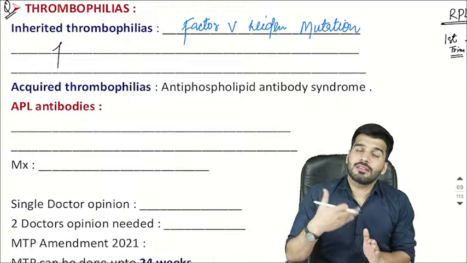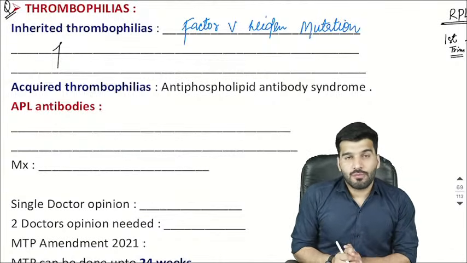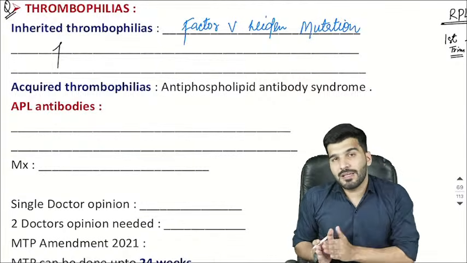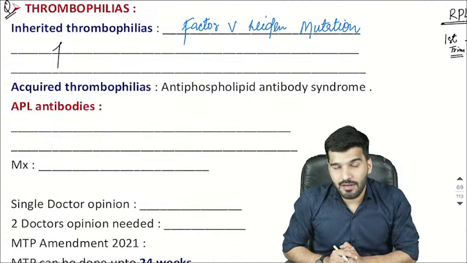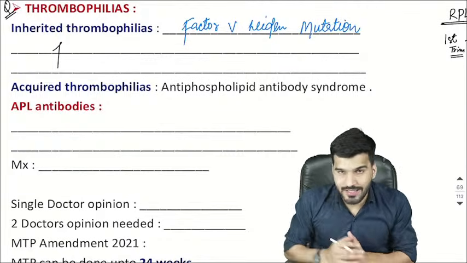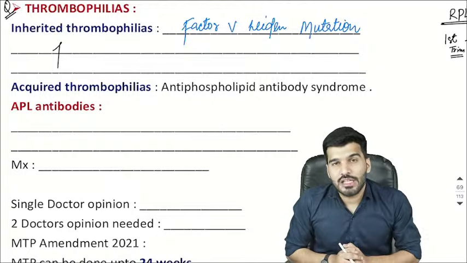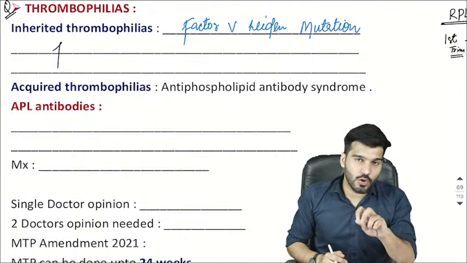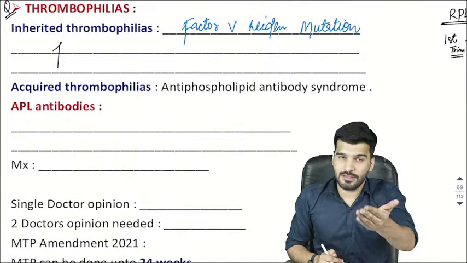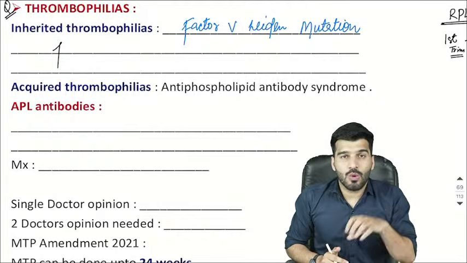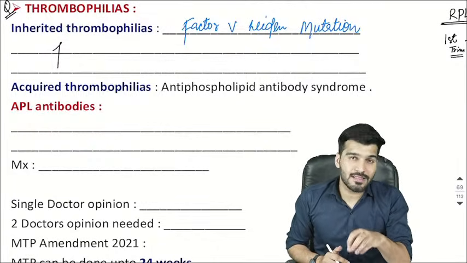So whenever these things happen, the clot formation chances are more. And once there is a formation of these clots, what will happen? The transport between the placenta and the baby will be decreased. There will be a placental insufficiency, right? Eventually, this will lead to the abortion because of this clot, which is not transporting all the things to the baby. Now, what will be the reasons for this placental insufficiency?